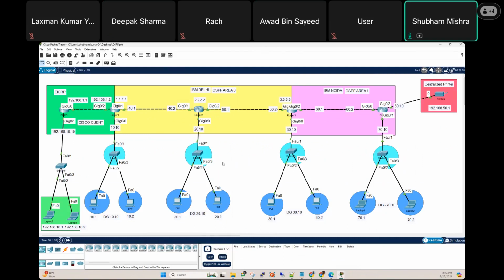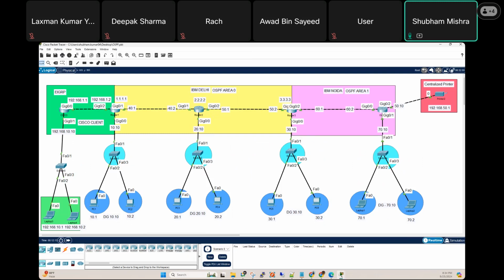Now, in the previous class, I told you about some LSAs, LSA 1 and LSA 2, right? Who is generating LSA number 1? Every router generates LSA number 1, and with the help of LSA number 1, every router is telling something about itself.